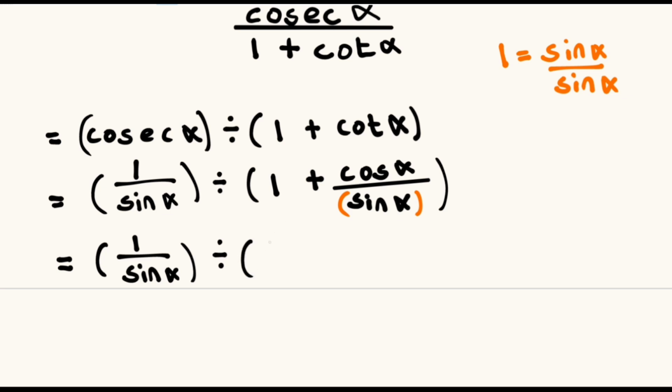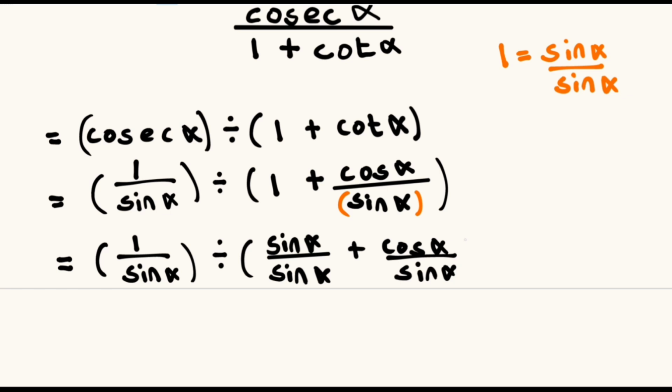We express it as sine alpha divided by sine alpha plus the cos of alpha divided by the sine of alpha. Remember that we said that if we had 4 divided by 3 plus 7 divided by 3, we can express it as 4 plus 7, all of which will be divided by the 3.